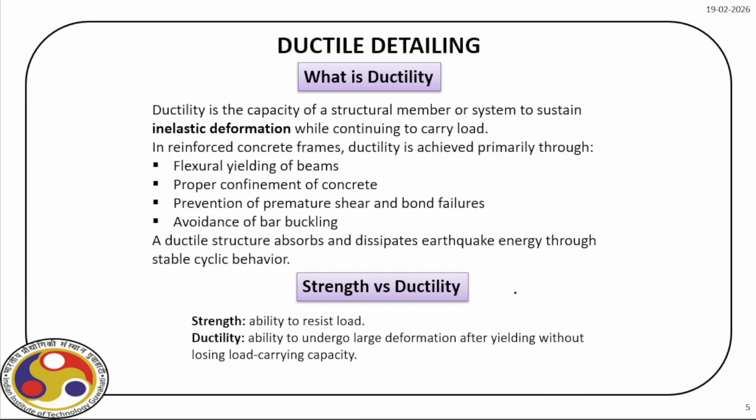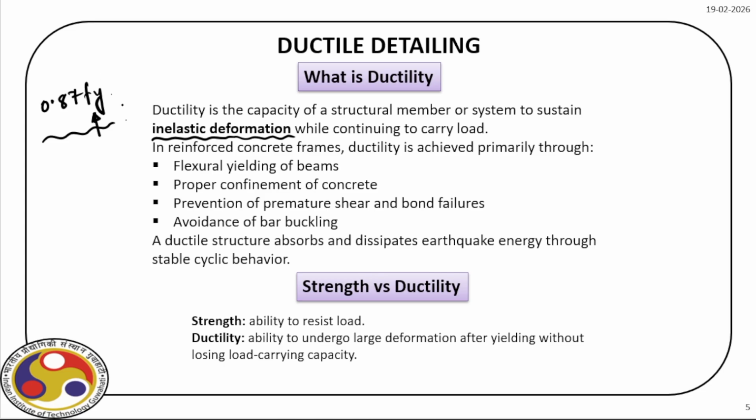But before we go into the details, the question automatically comes to our mind: what is ductility? It is the capacity of a structural member to sustain inelastic deformation. Okay, this is important. Recall, for example, when we consider rebars, our strength at the point of yielding is Fy, and we consider 0.87 Fy as the design value, right?